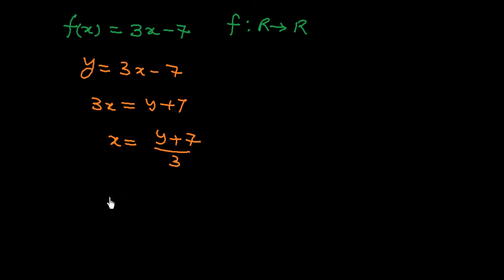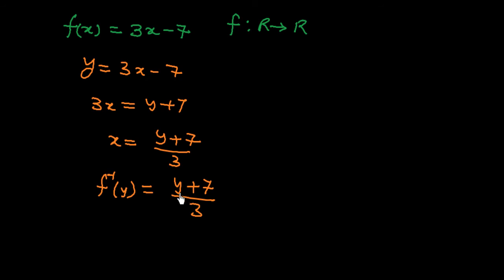Now instead of x, we put f inverse of y, which is equal to y plus 7 over 3. So this is the inverse of the function f of x equal to 3x minus 7.